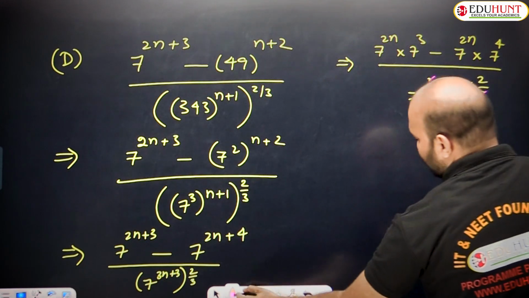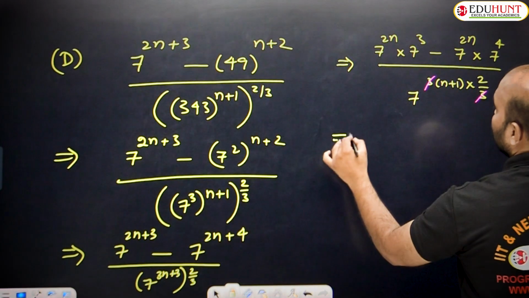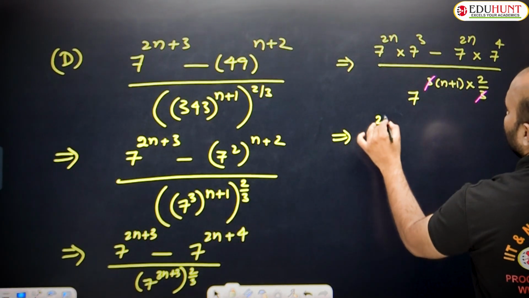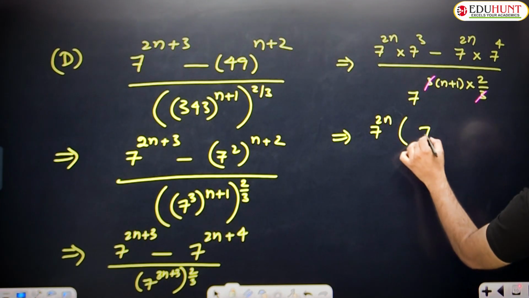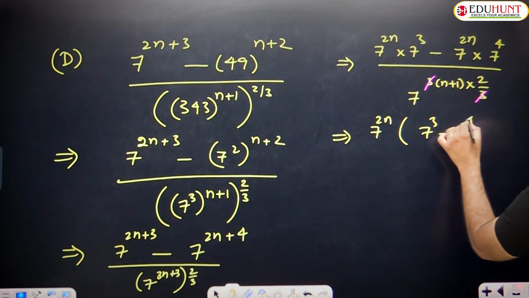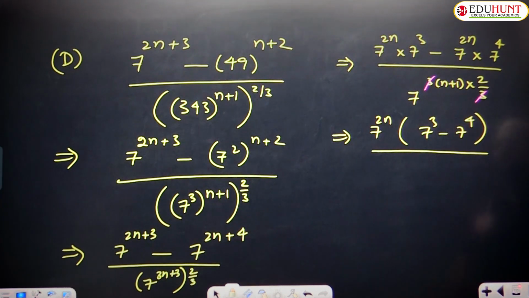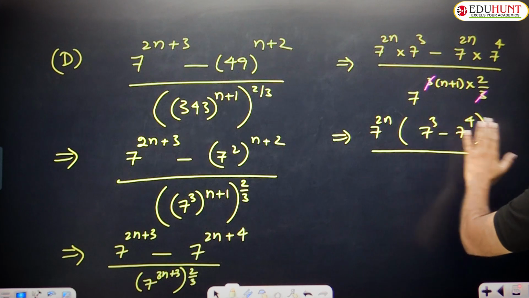So what I am getting in the next step: taking 7 power 2n as common, it is 7 cube minus 7 power 4, whole by 7 cube minus 7 power 4, and in that case 7 cube is also taken as common.